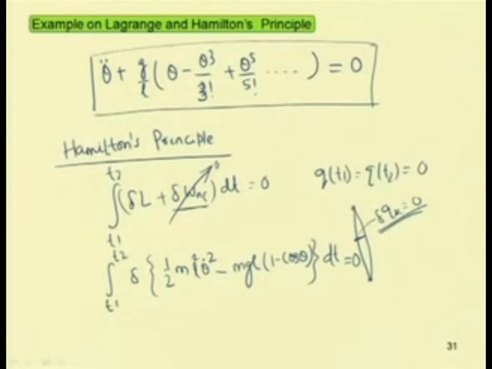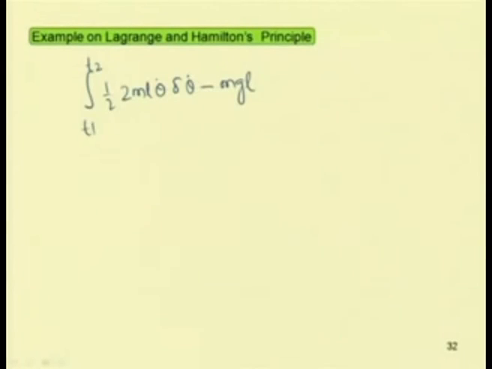So, this term using del operator, minus sign is there before, del operator with 1 becomes 0 and this becomes plus sin theta. So, mgl sin theta into delta theta dt.